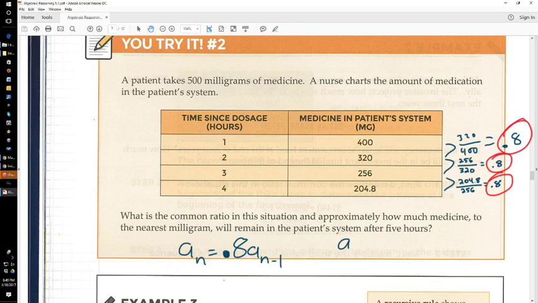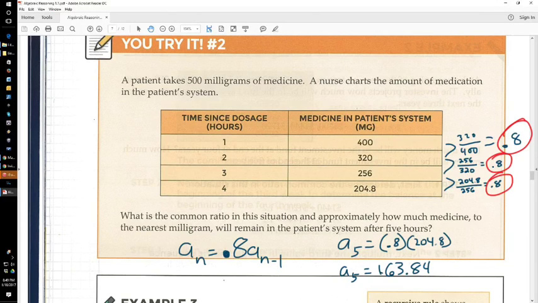So if I want number 5, I take the one before it, I multiply 0.8 times 204.8. So 204.8 times 0.8 equals 163.84. So after 5 hours, you have 163.84 milligrams of the medicine in your system.